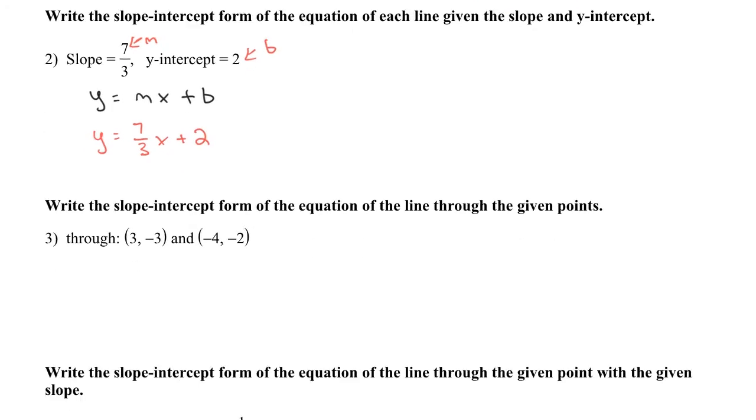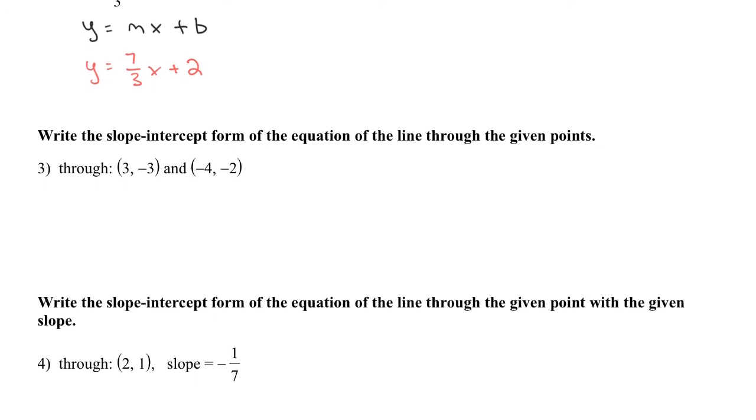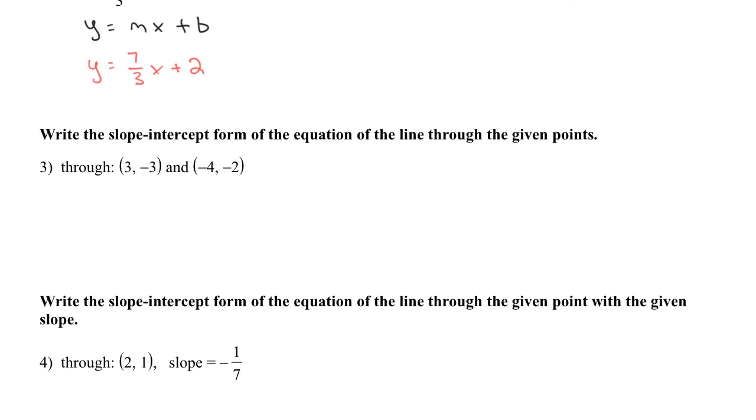The next one, number 3: write the slope-intercept form of the equation of the line through the given points. First thing I need to do is find the slope. The slope formula is m is equal to y2 minus y1 over x2 minus x1, or rise over run.